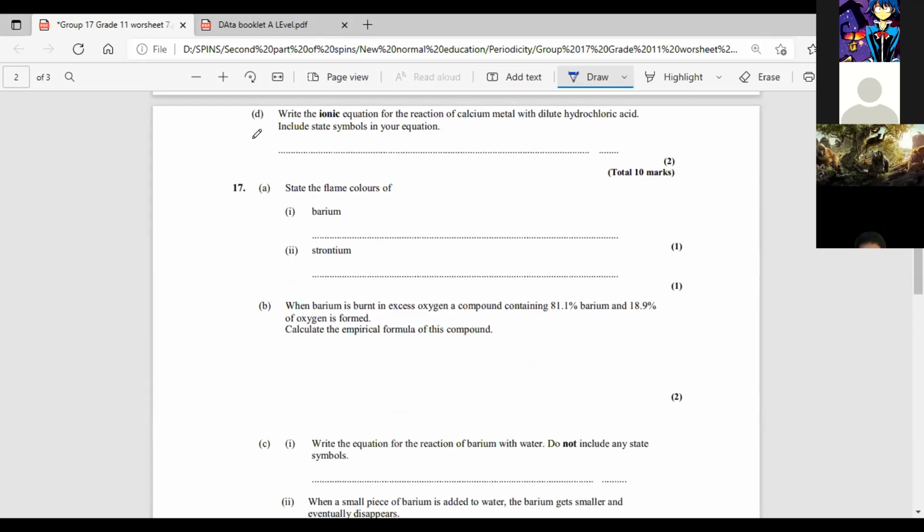So here is calcium, Ca (solid), plus 2H+ (aqueous), becomes hydrogen gas plus Ca2+ (aqueous).